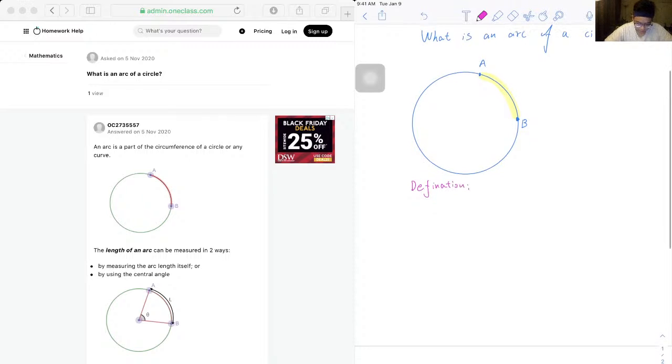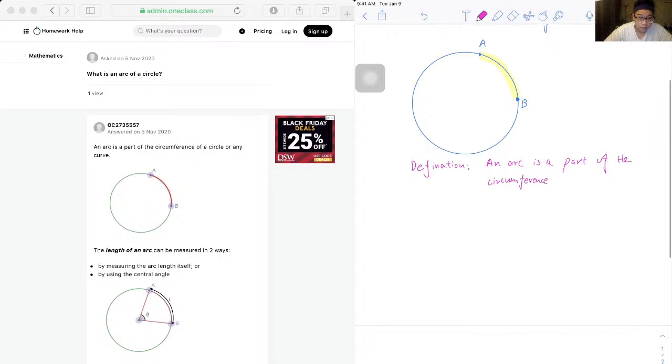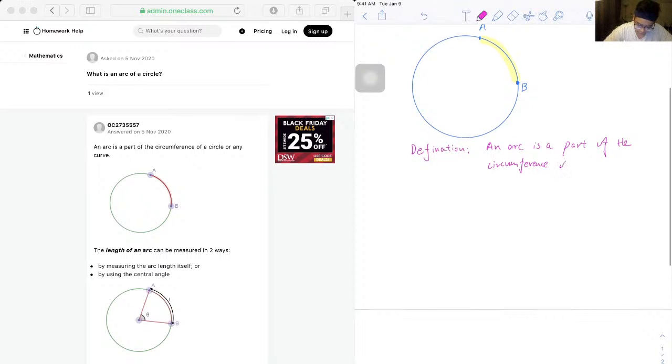Definition. So an arc is a part of the circumference of a circle or any curve.